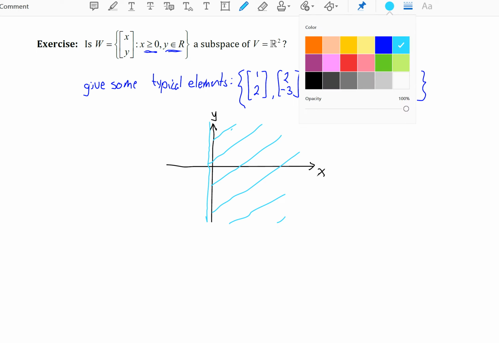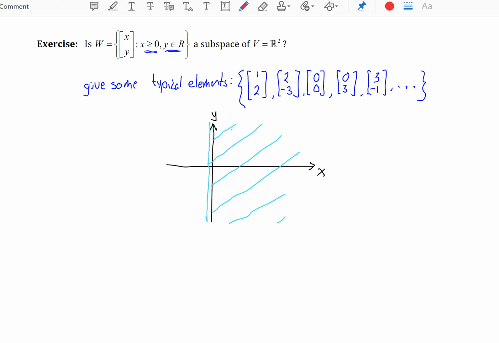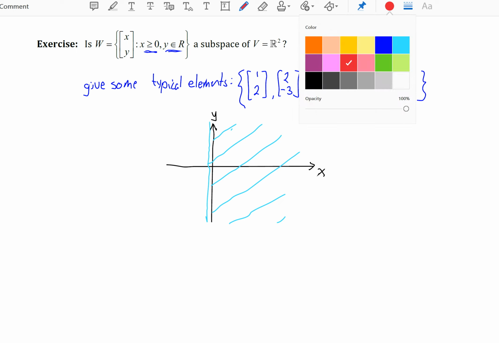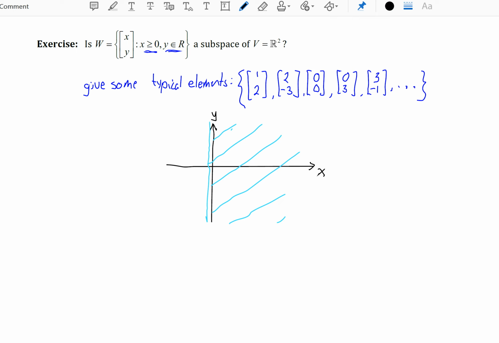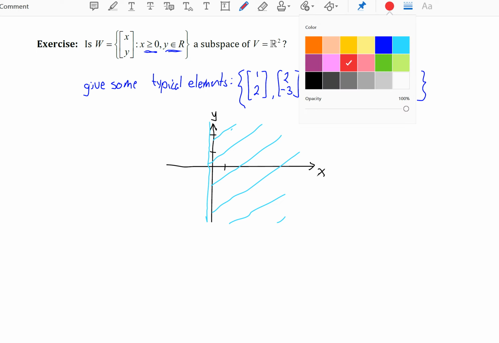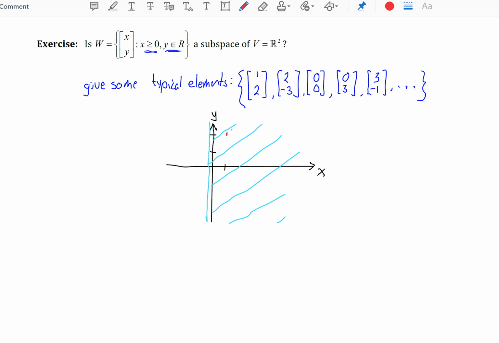So let's imagine taking some vectors that live in this right half plane. Maybe the vector 1, 2. Now, the vector 1, 2, of course, is 1 over, 2 up. So the vector 1, 2 would be pointing here.